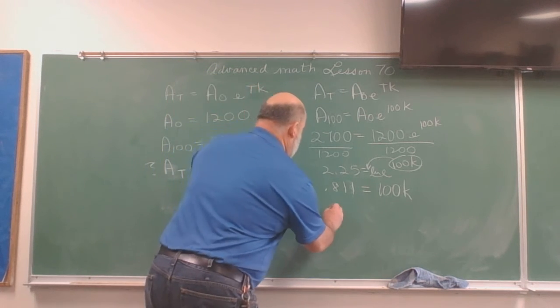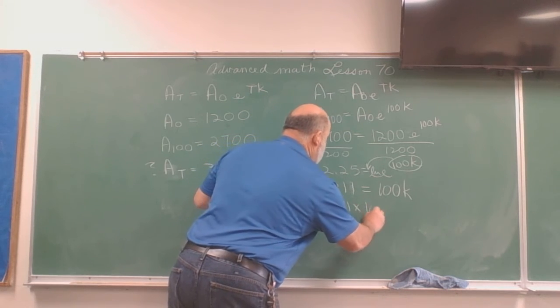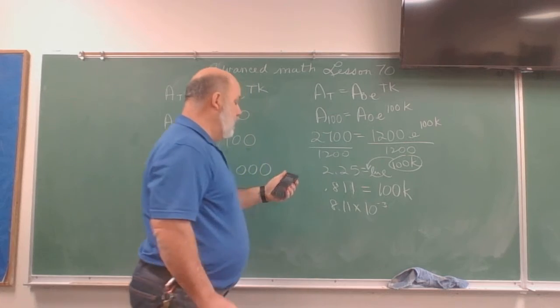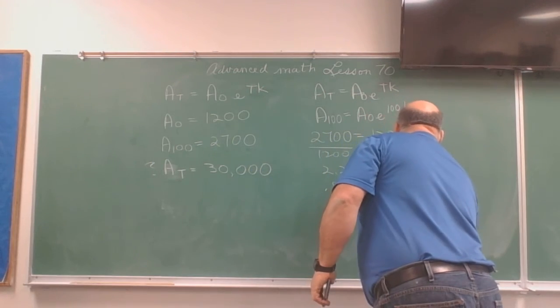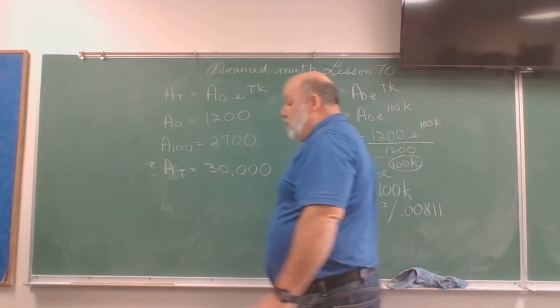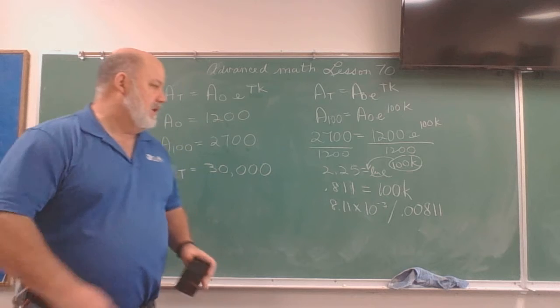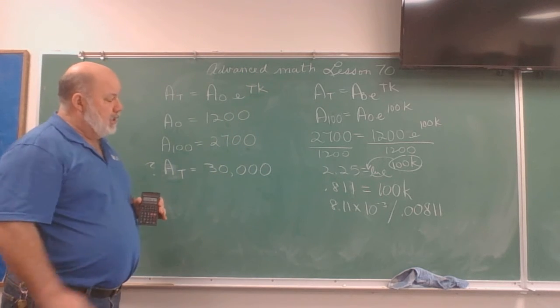This gives me 8.11 times 10 to the negative 3. You could have that as 0.00811. Either one of those is acceptable.